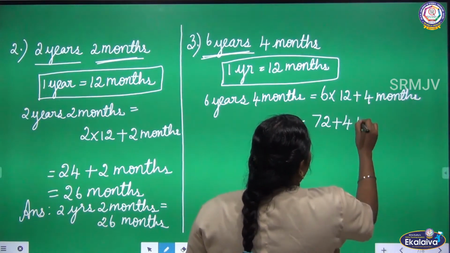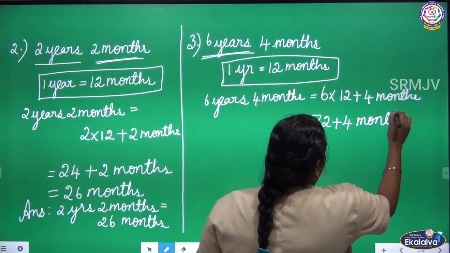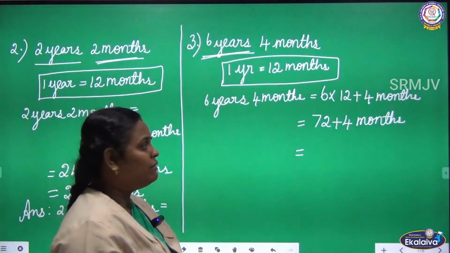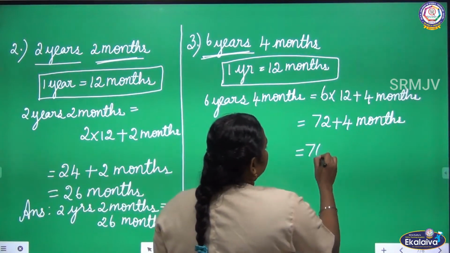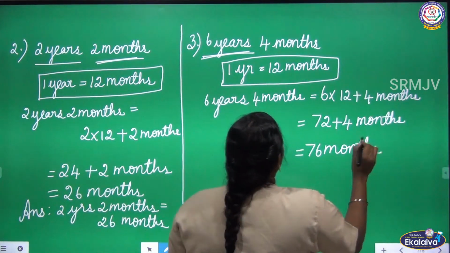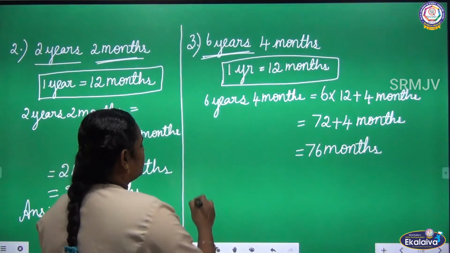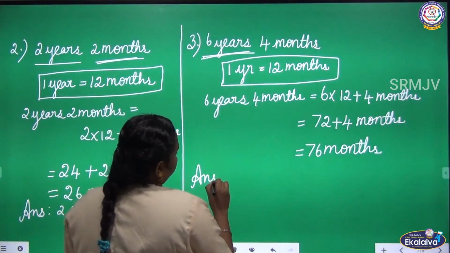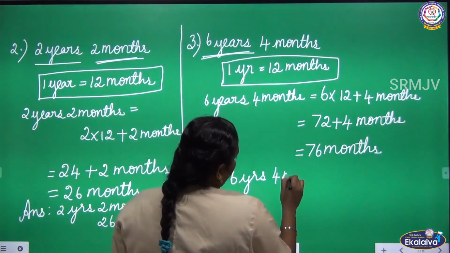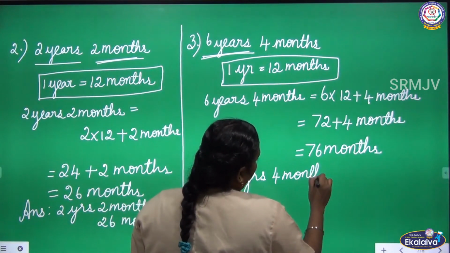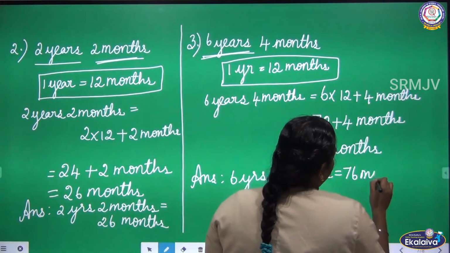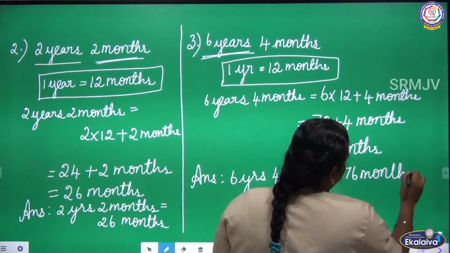So 72 plus 4 months, add and tell me. 72 plus 4 is 76 months. So tell me 6 years 4 months equal to how many months, children? 76 months.